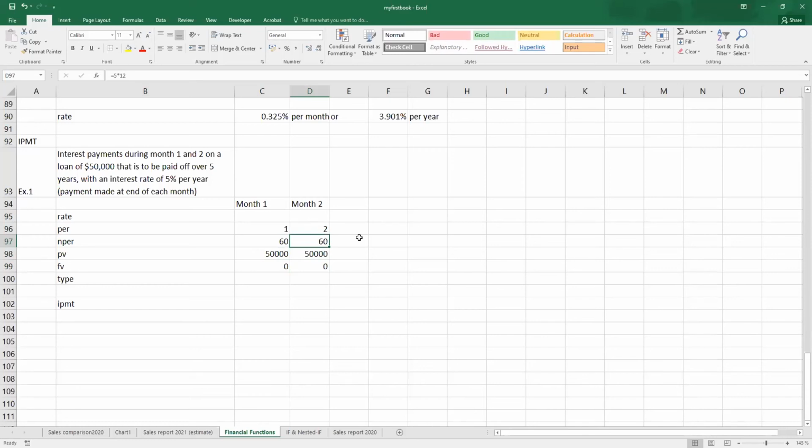The interest rate is 5% per year but you pay monthly, so you have to change the rate to a monthly rate, which is 5% divided by 12.